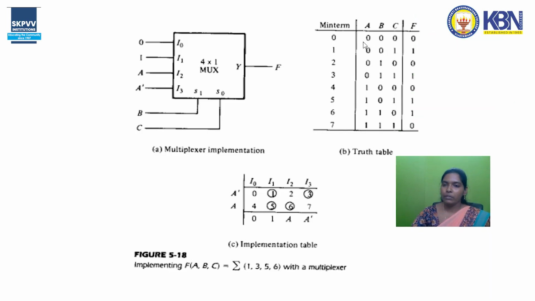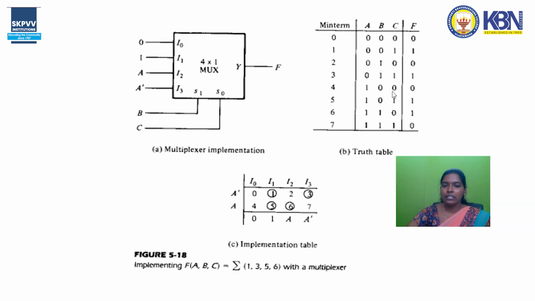So we use 0 0 0, 0 0 1, and so on, as we already know. The function has already been given as 1, 3, 5 and 6. So 1, 3, 5 and 6 will be high and the others are 0. After seeing the question, we are able to write the truth table.